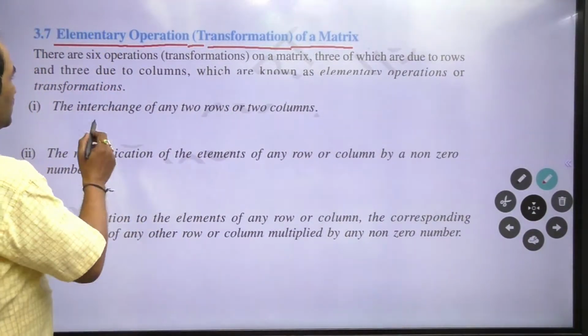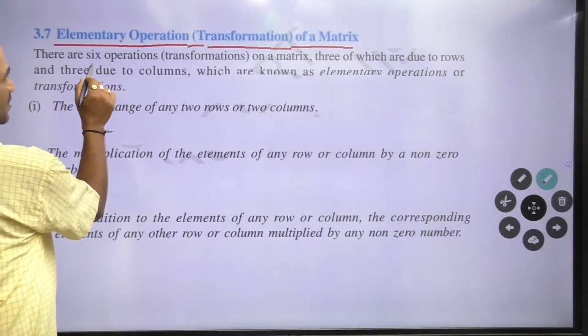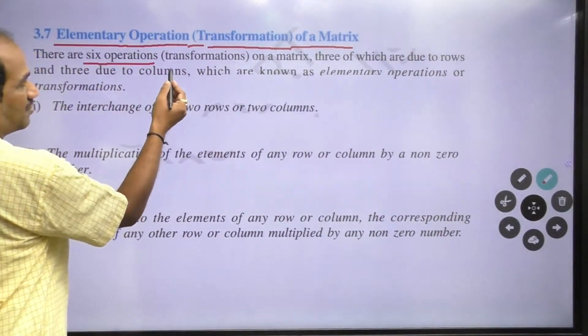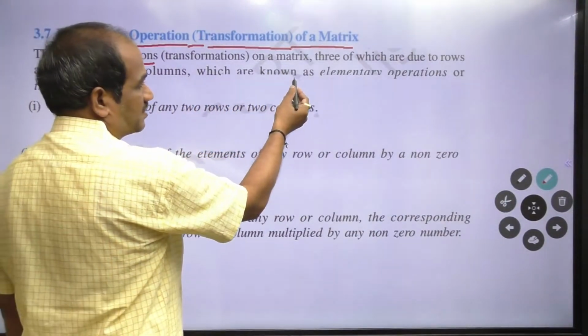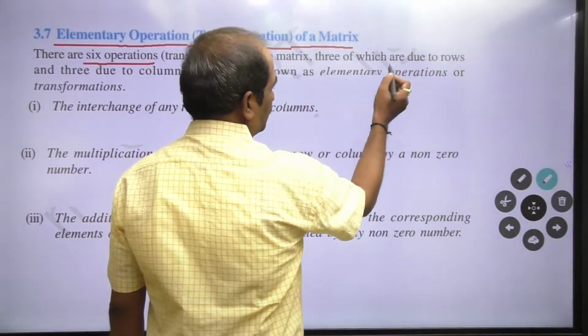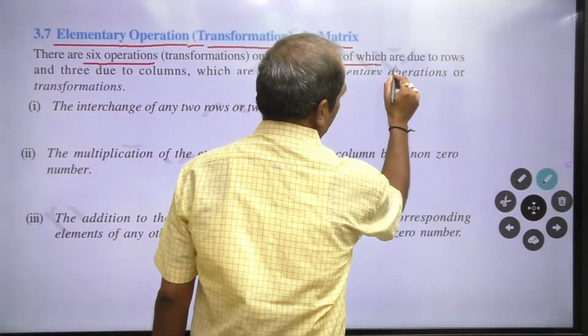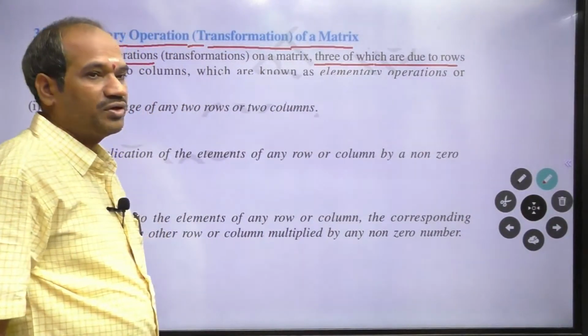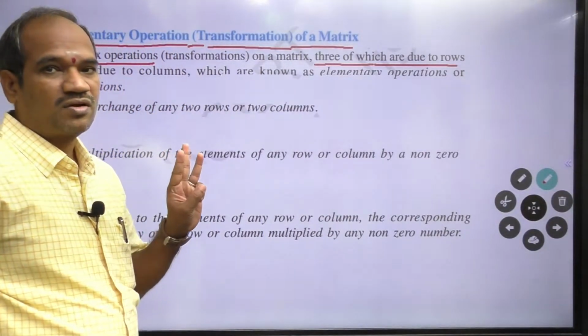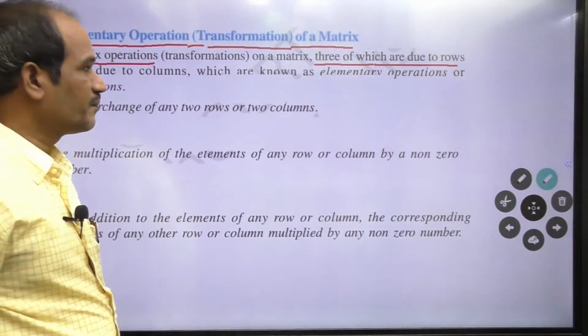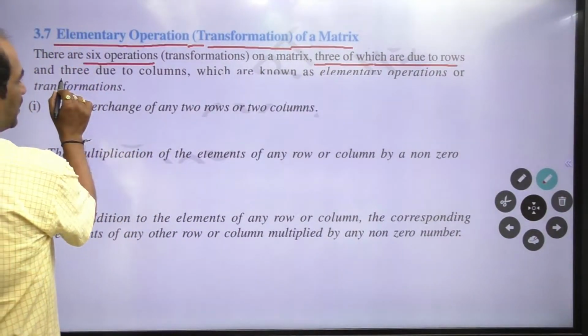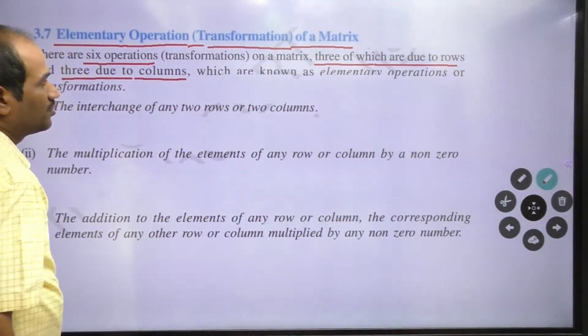In this definition, there are six operations or transformations on a matrix, three of which are due to rows and three due to columns.